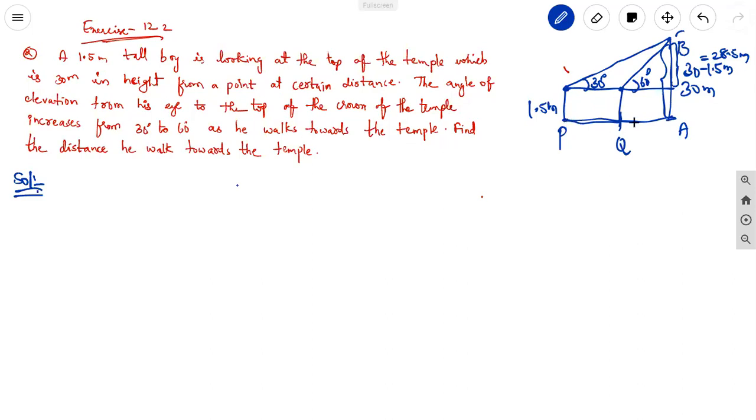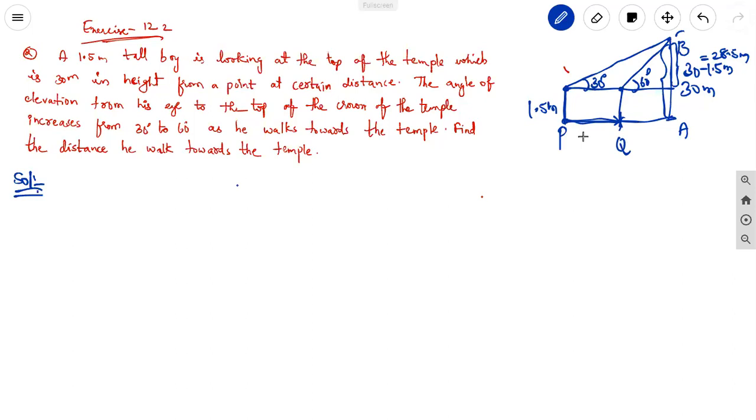When he stands at the first position, point P, he looks at the top of the crown, making an angle of elevation of 30 degrees. After that, he walks towards the temple and stands at position Q. Then again he observes the top of the temple, and the angle of elevation is 60 degrees.